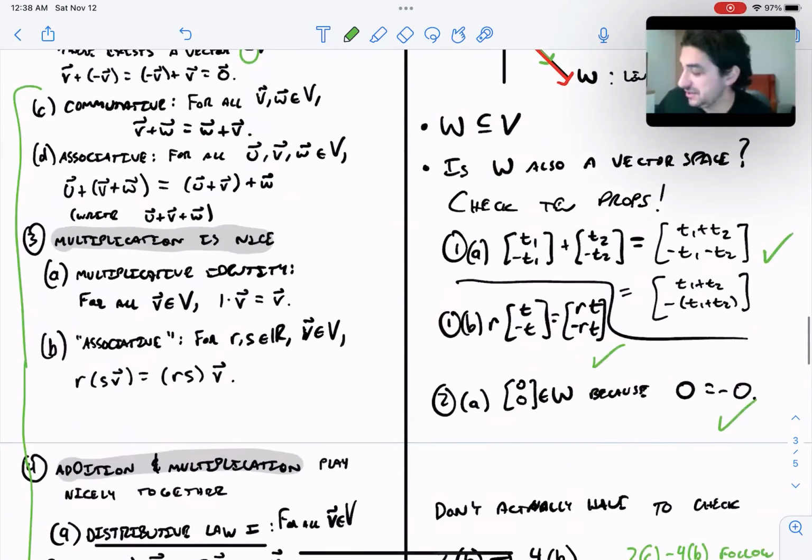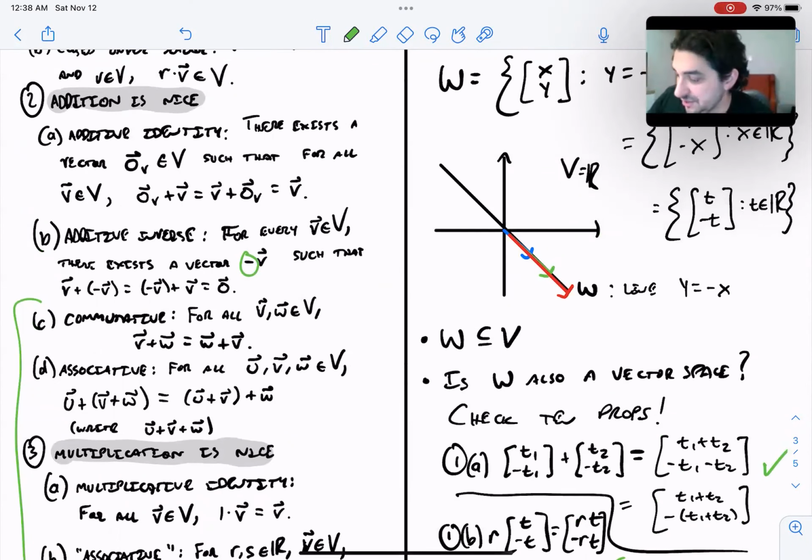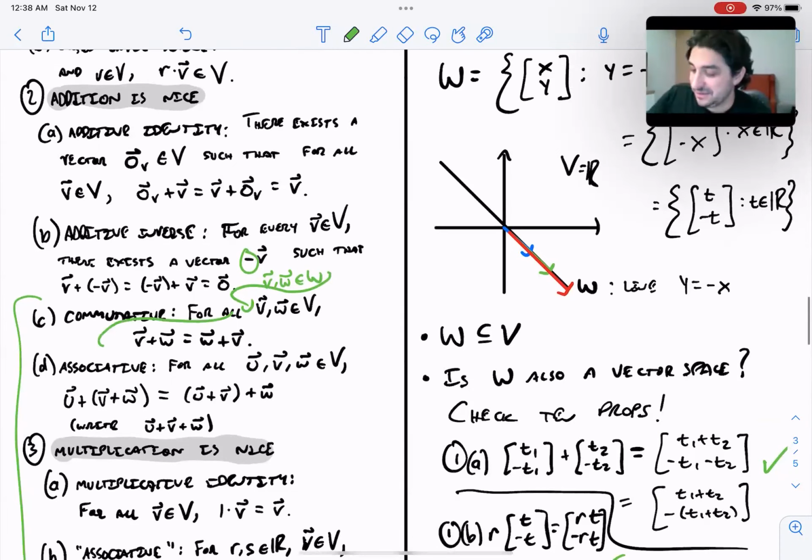Let's think about this property 2c. If you pick two vectors in W, then those vectors are automatically in V, because W is a subset of V. And for all vectors in V, this holds: addition is commutative. V plus W equals W plus V. So commutativity automatically holds in W since it held in V.